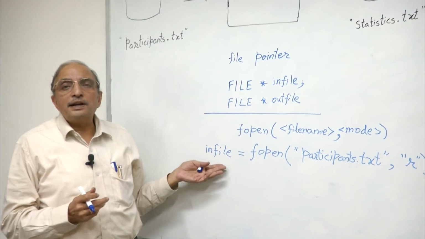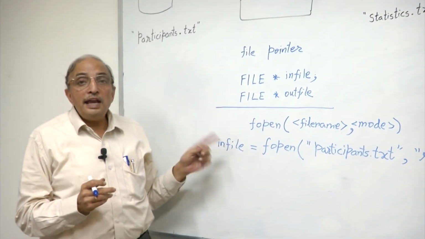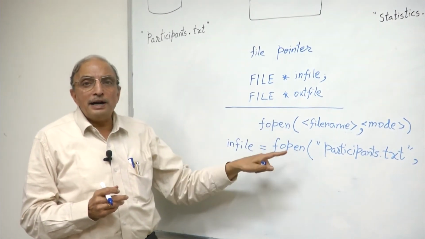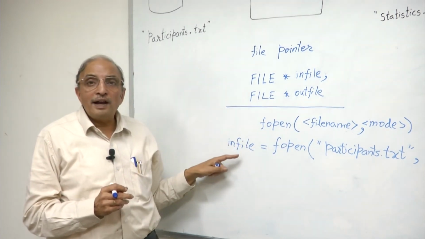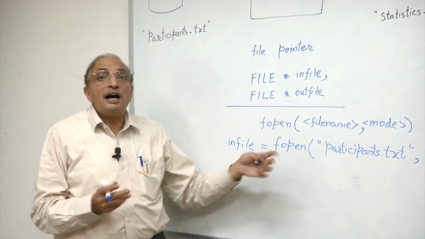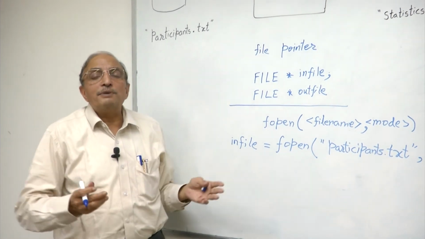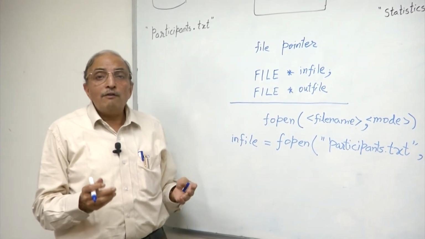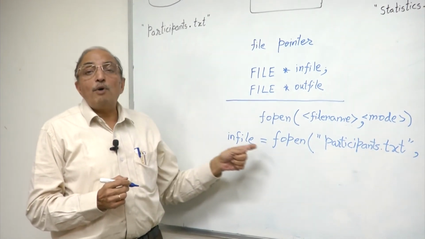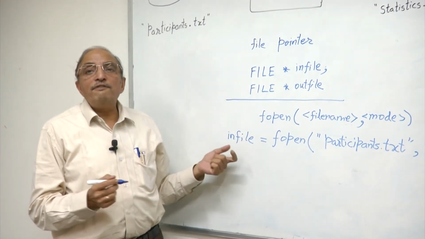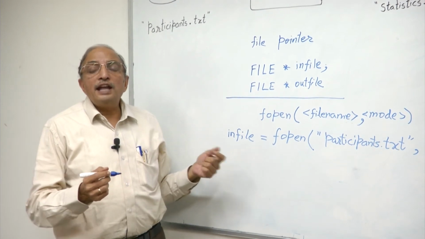The simple answer by C++ is, in case the file can be correctly opened, a valid pointer is associated to infile. In case fopen is unable to locate the file or for some reason not able to open it for your operations, it will return a null pointer.